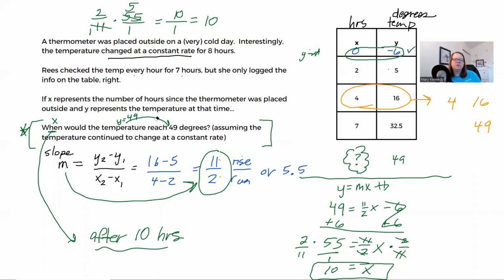So let me erase the 49. Well, let's think. After 6 hours, I need to add 11. So that'd be 27 degrees. After 8 hours, add 11. That'd be 38 degrees. After 10 hours, add 11. That'd be 49 degrees. There we go. There's another way we could have seen this. After 10 hours, it'll be 49 degrees. Two ways to get there.